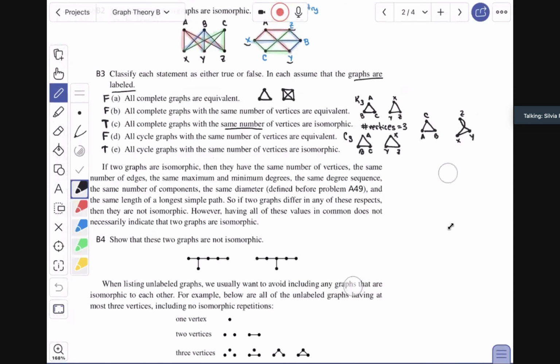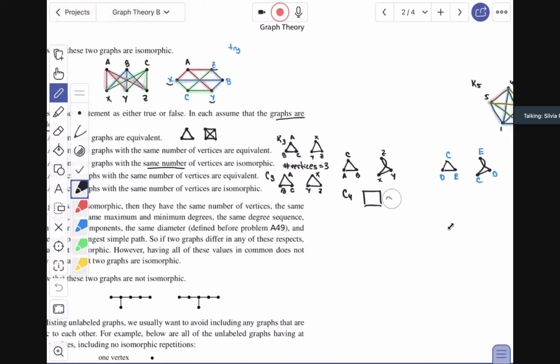C4s all look like squares, but we say that this is isomorphic to that, right? The drawing, those two are isomorphic. They're isomorphic because you can relabel them, and how would you relabel them?